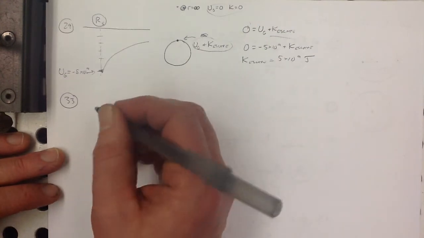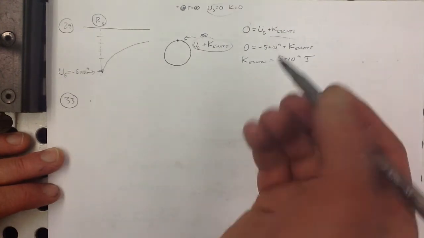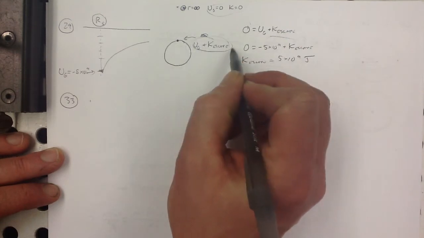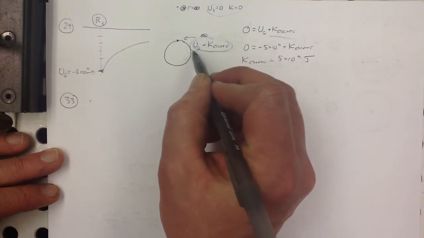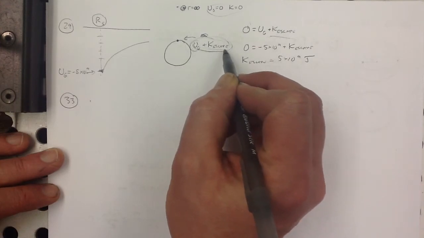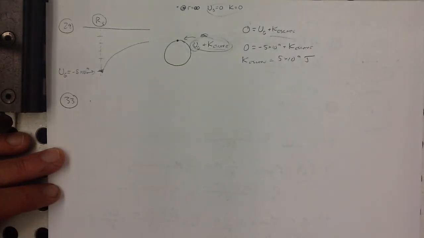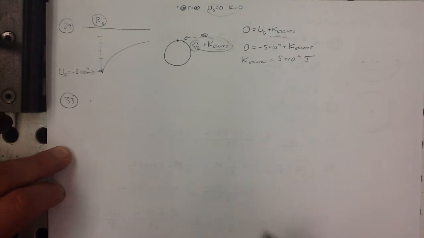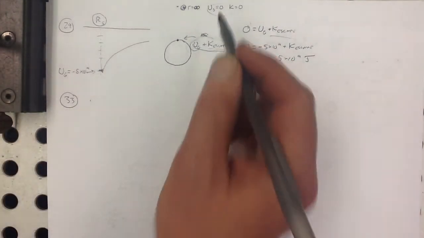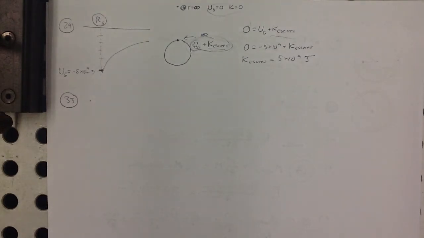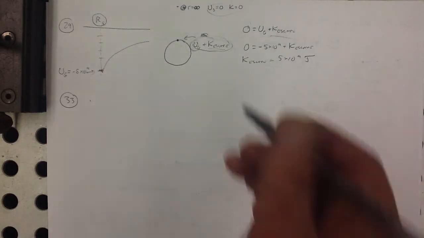I'm just going to borrow from my diagram here, it's the UG plus the escape energy, right? And that totals up to 0, right?